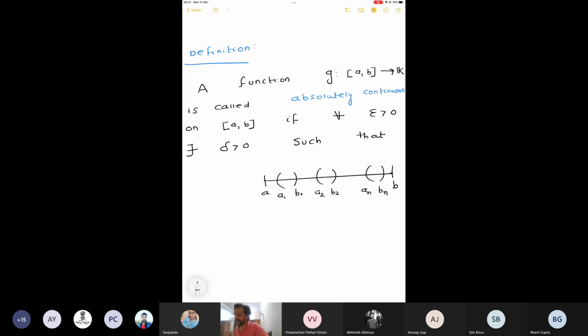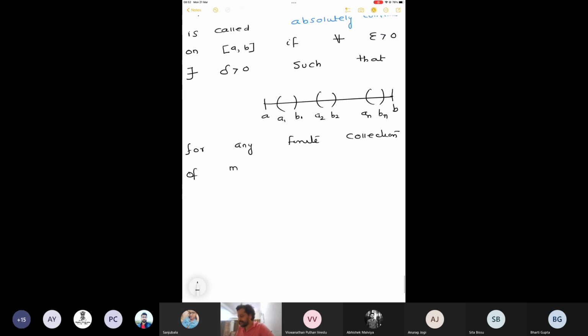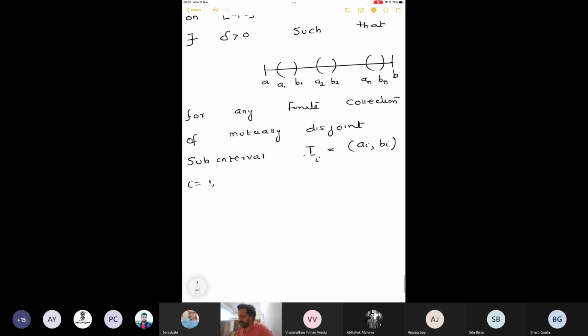Such that, let me now write, for any finite collection of mutually disjoint subintervals I subscript i equal to (a_i, b_i), where i goes from 1 up to some n. It should be finite.